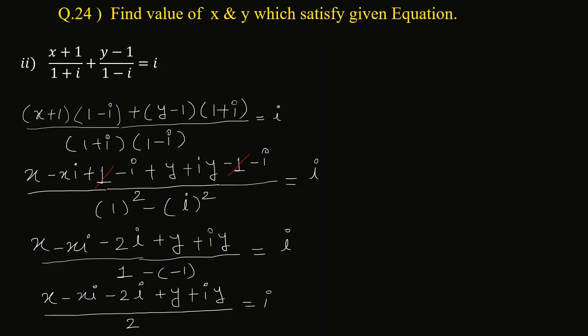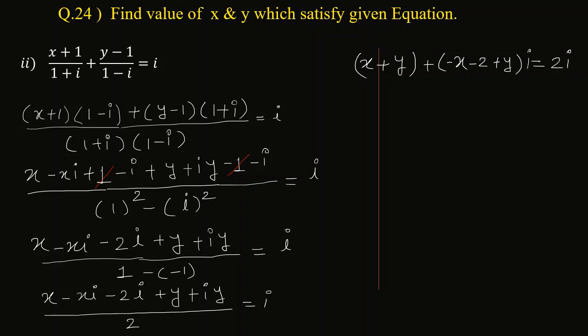Now the next step: whatever we are getting as 2 in the denominator, we shift to the right. After shifting that 2 to the right hand side, in the numerator we write all real terms together and imaginary terms together. The real terms are x plus y, and in the imaginary terms, meaning whatever comes with i, we have minus x minus 2 plus y, multiplied by i, equal to 2i.